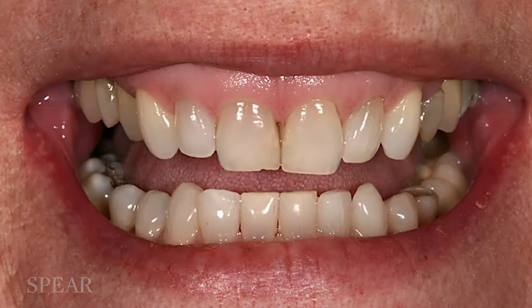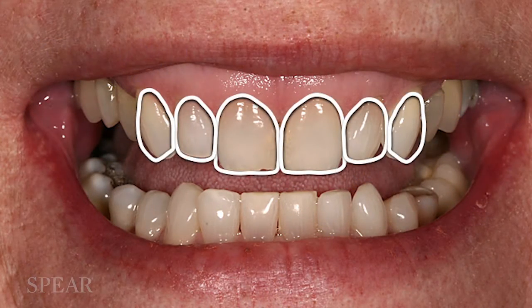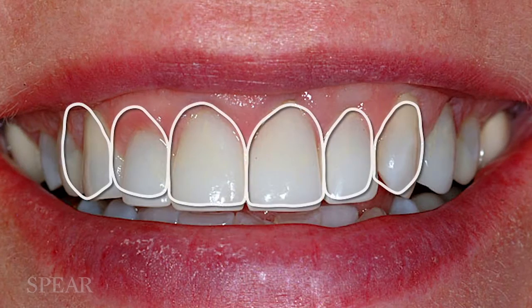If we break down aesthetics into the entities that make a pretty smile, it's really all about things like tooth position, gingival levels, tooth contour, tooth form, how the tooth position and gingiva relate to the face and the lips.